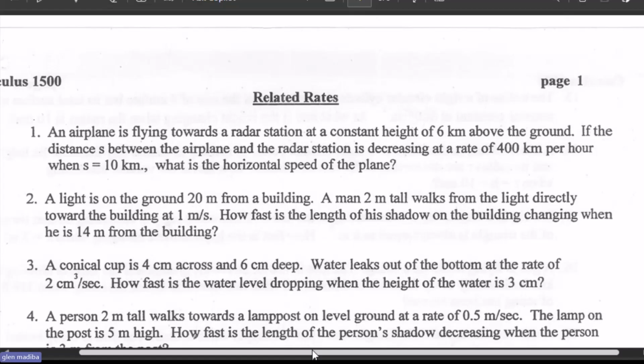So that means the distance is getting shorter. Distance is in kilometers and time. They're saying if the distance s between the airplane and the radar station is decreasing at a rate of 400 kilometers per hour.